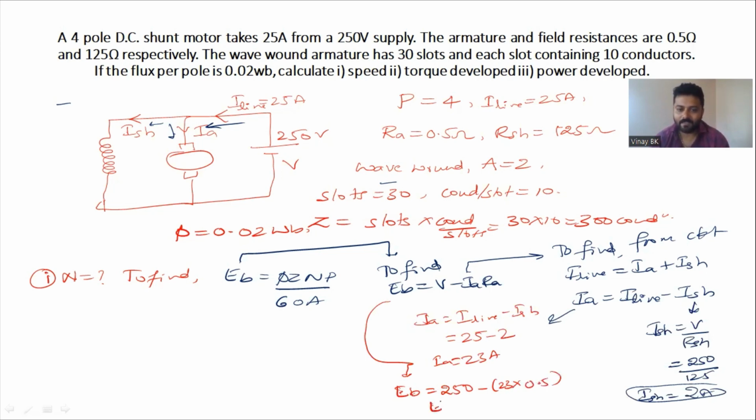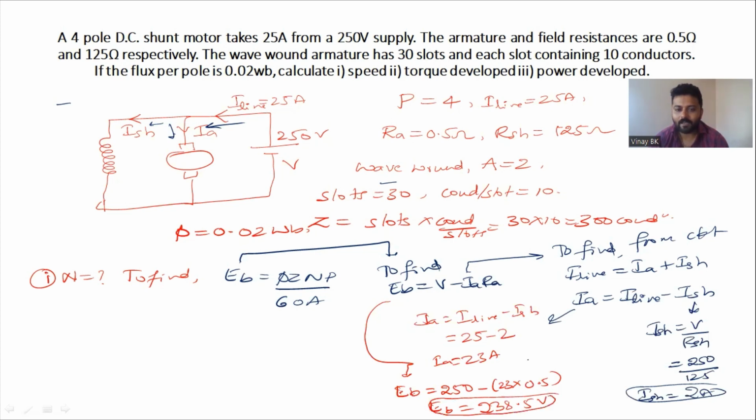So you get EB, which is always less than V. EB is given by 250 minus IA into RA, so you get 238.5 volts. 238.5 volts is your EB.